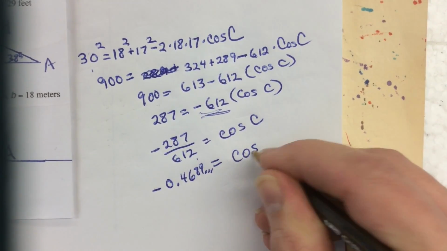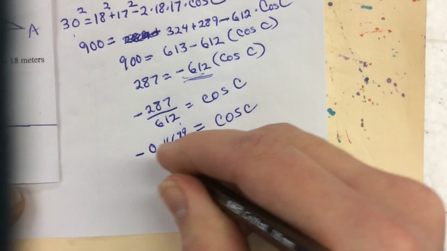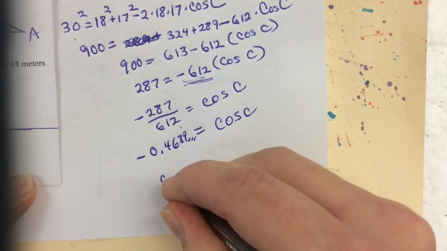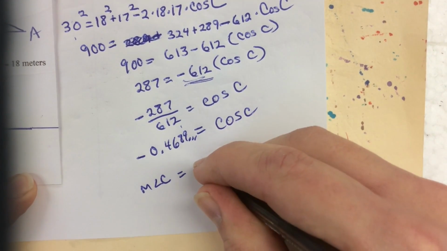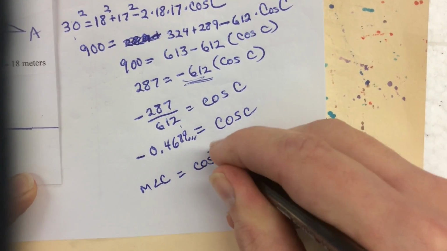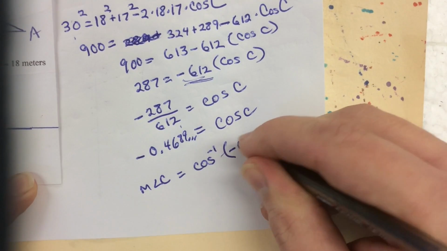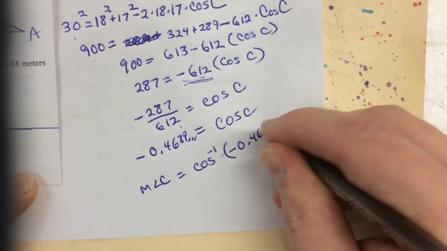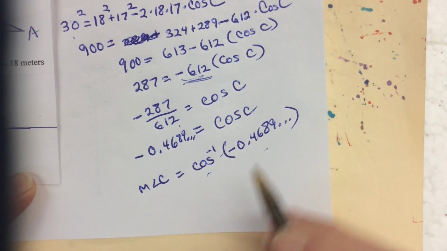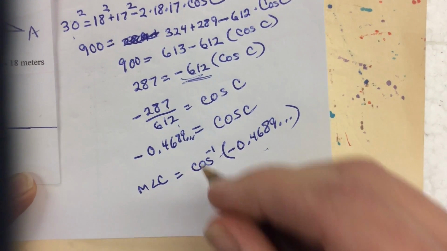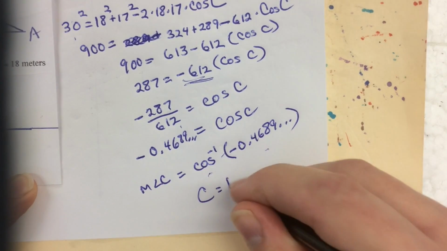That's the cosine of C. And in order to get angle C, the measure of angle C is going to be equal to the inverse cosine of negative 0.4689, the inverse cosine of this number. And that turns out to be 118 degrees.